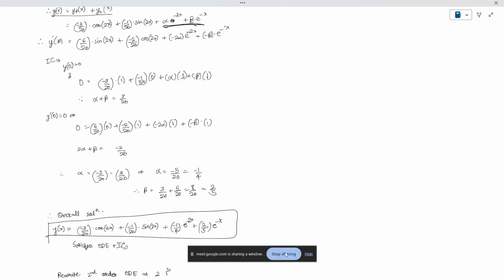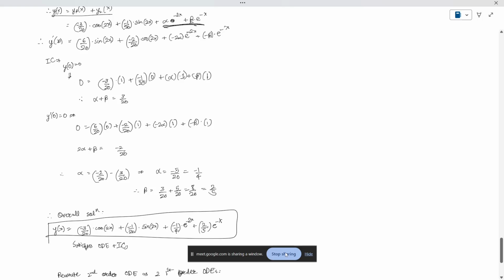So how do we do this? And they should be linked. I write a vector v of x which includes my terms y of x and dy by dx. Then when I take the first derivative of my vector, dv by dx, I end up with the vector which is dy by dx and d square y by dx square.